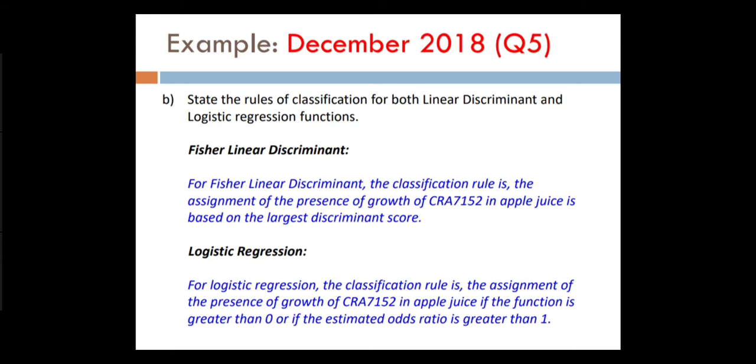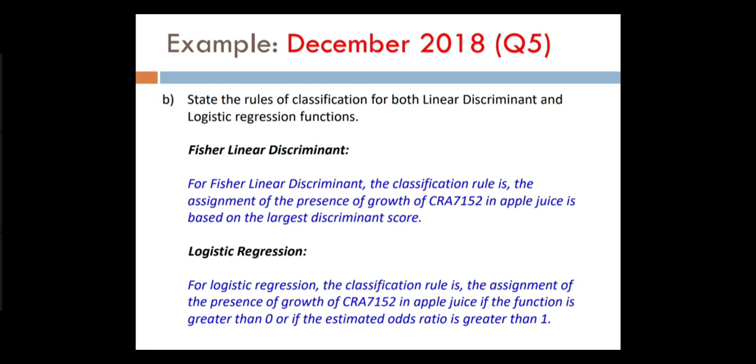Or if the estimated ratio, e power of the value from the logistic function, is greater than 1, we classify the new observation to group 1, which is the presence.